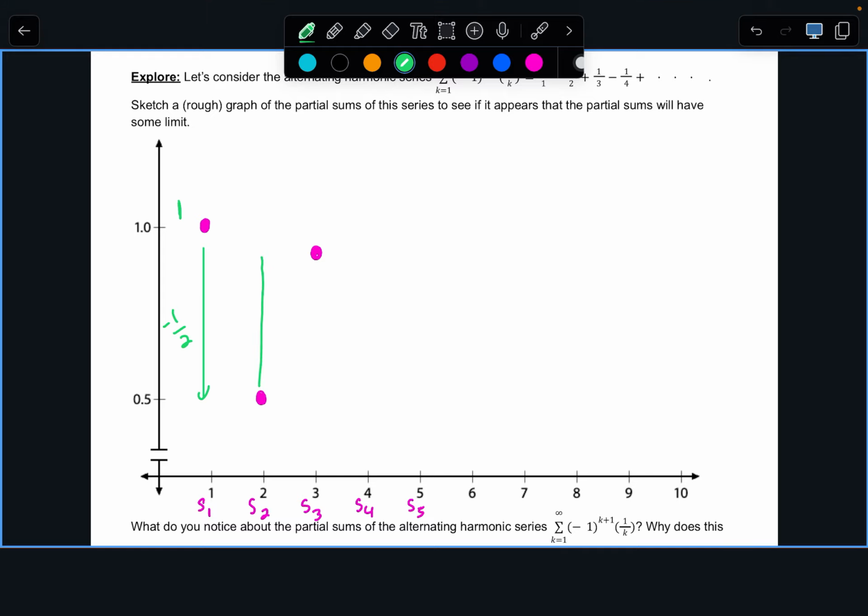So here we're going to add a third. Then we're going to take whatever value that was, in this case 5/6, but pretty soon I'm not going to figure out what fraction it is, and we're going to subtract 1/4. So we're going to go down by a fourth. And we'll land somewhere. Next, we take our current partial sum and then we just add the next term, which is a fifth.